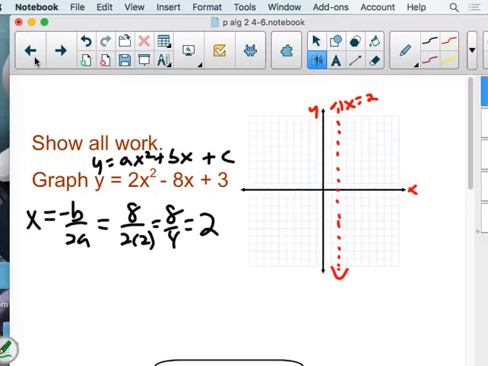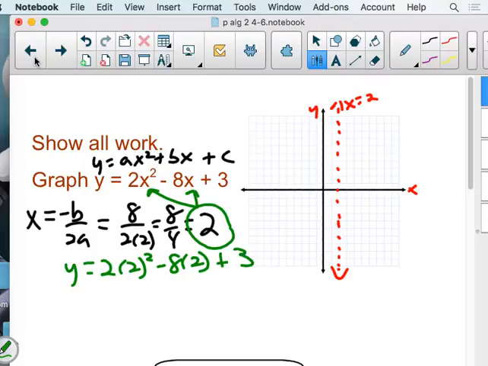It's 2 something. What do we get? Plug it in. This goes here and here. So y equals 2 times 2 squared minus 8 times 2 plus 3.